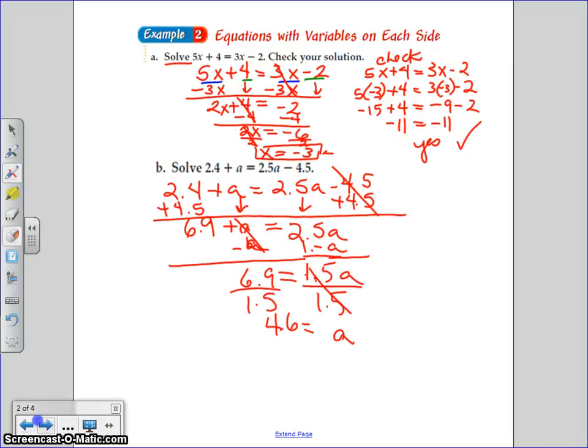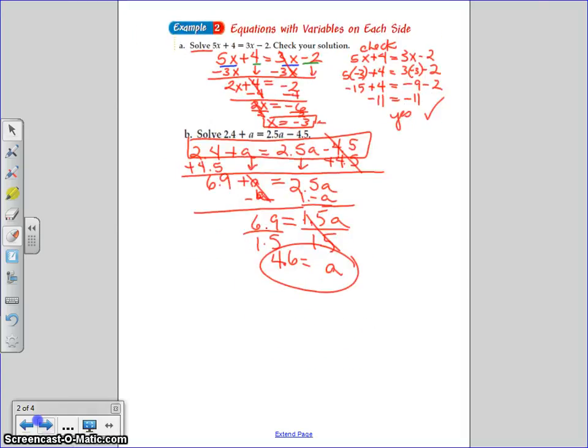We can check our work by what? Taking this 4.6 and plugging it back into our original equation. 4.6 value here and the 4.6 value there, and it should be a true statement.